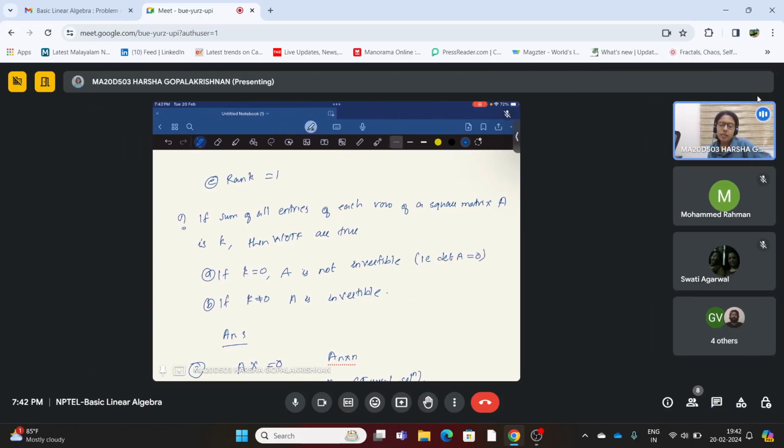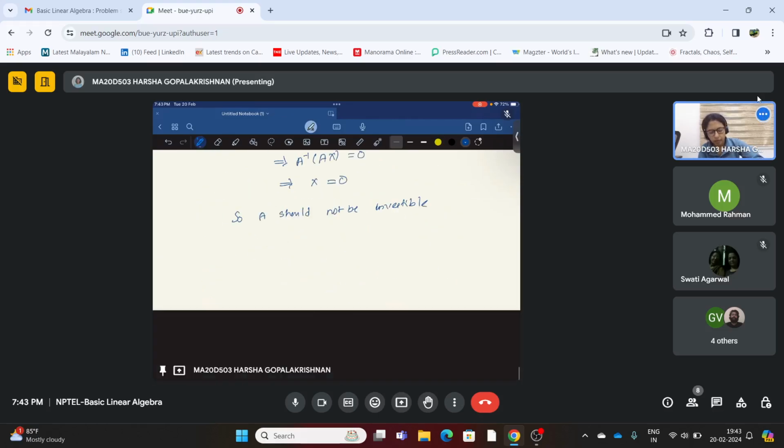You can try with one or two examples, like for an invertible matrix it is true, or for a non-invertible matrix it is true. That means the sum of entries is the same, whether A is invertible or non-invertible.